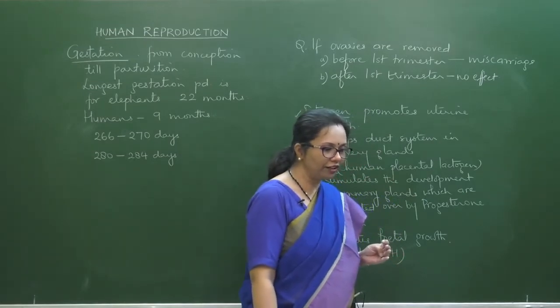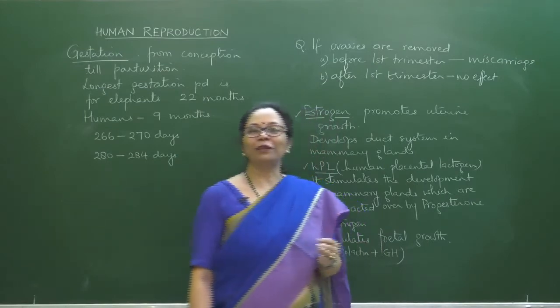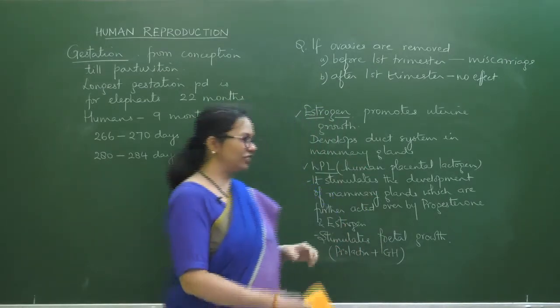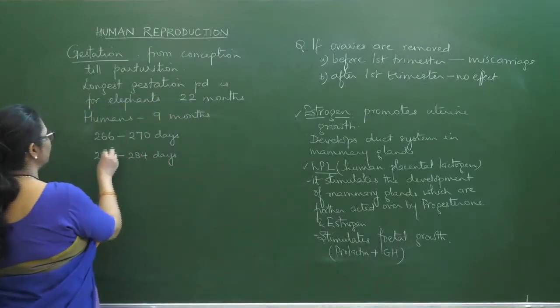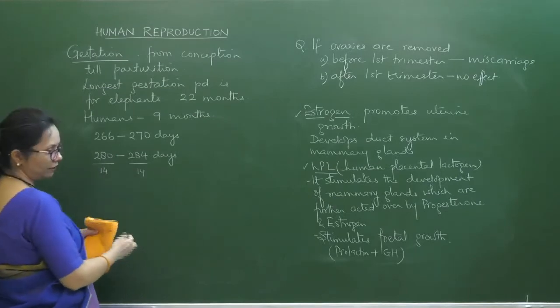Okay, fine. Oh, good. So let me tell you once again, both of them are correct. How? Let's see. If you see, there is a difference of 14 days. Is it or not?